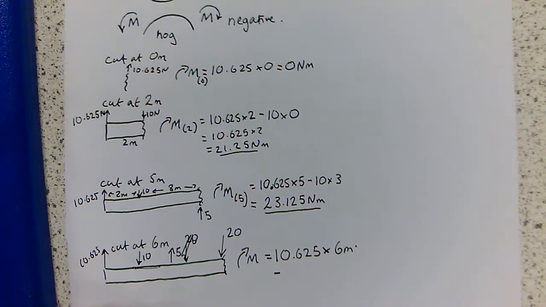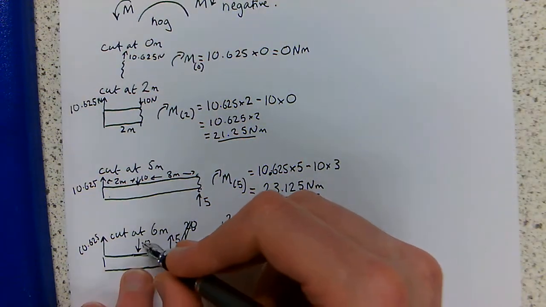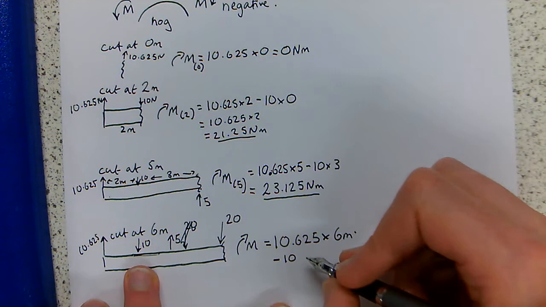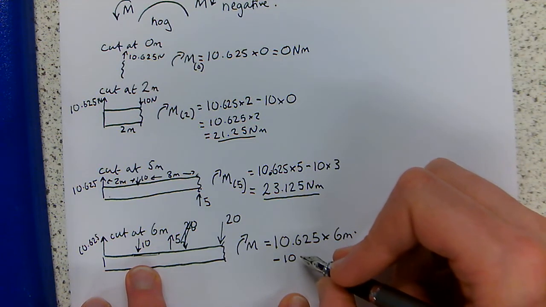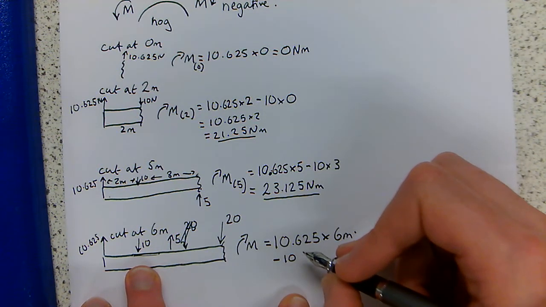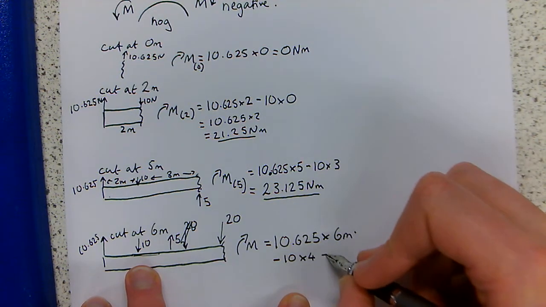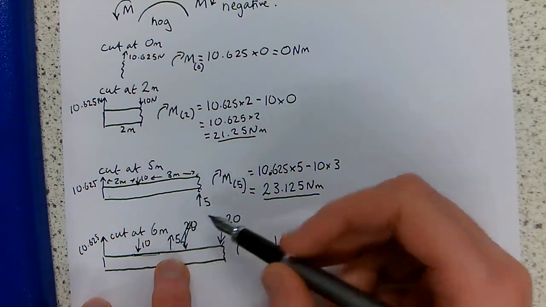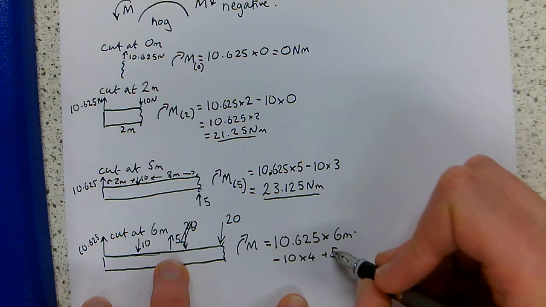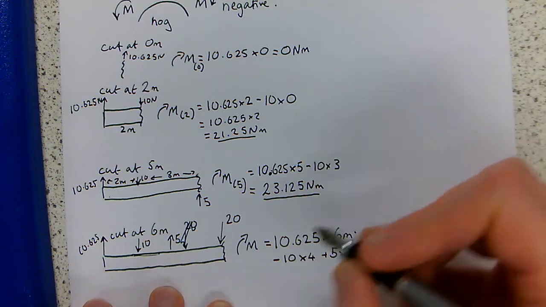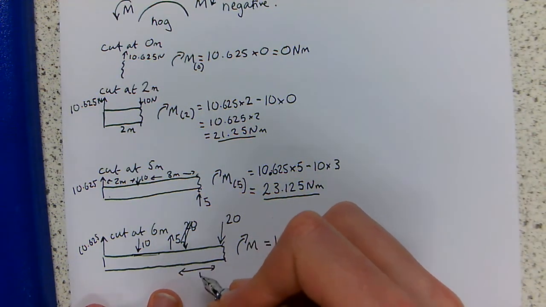Then we take away the 10 newtons acting at a distance of 4 meters from our cut, and we're going to add on the 5 times its distance of 1 meter.